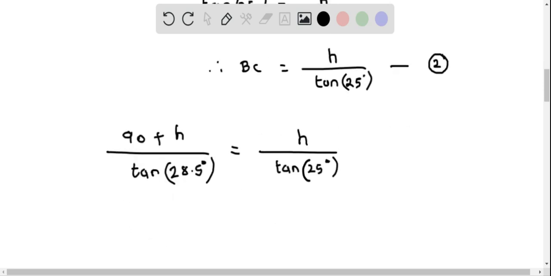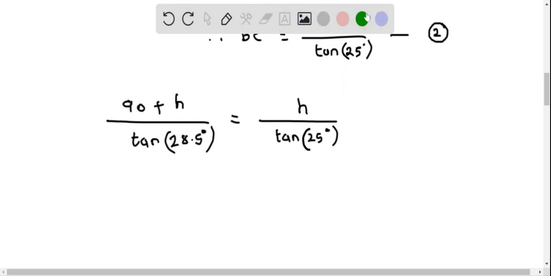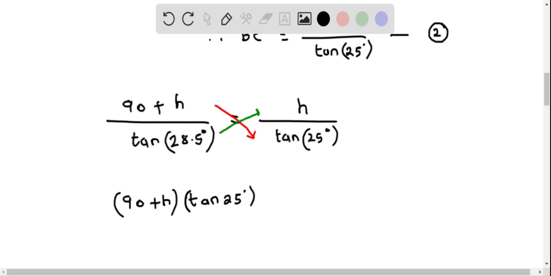Now we will do the cross multiplication so that we can solve for H from this equation. We have to cross multiply like this. And so we can write 90 plus H, multiplied with the tangent of 25 degrees, and this equals H times the tangent of 28.5 degrees.